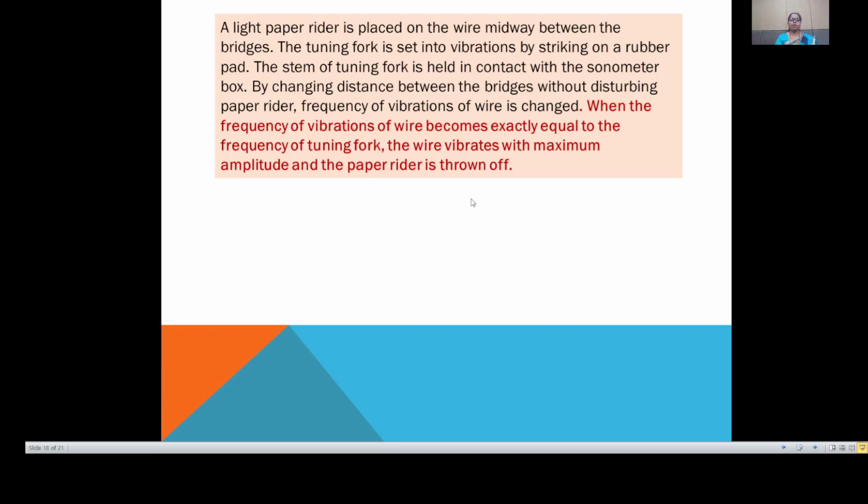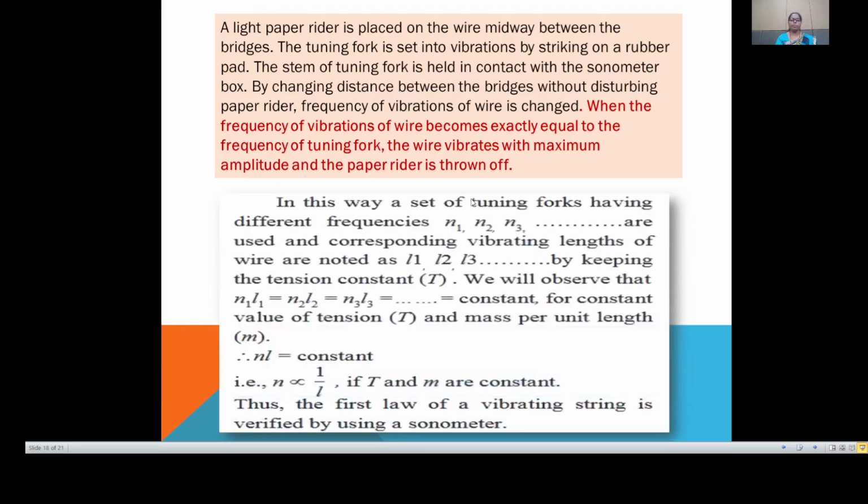The stem of the tuning fork is held in contact with the sonometer box while changing the distance between the bridges without disturbing the paper rider. The frequency of vibration of the wire is changed. When the frequency of vibration of the wire becomes exactly equal to the frequency of the tuning fork, the wire vibrates with maximum amplitude and the paper rider is thrown off.